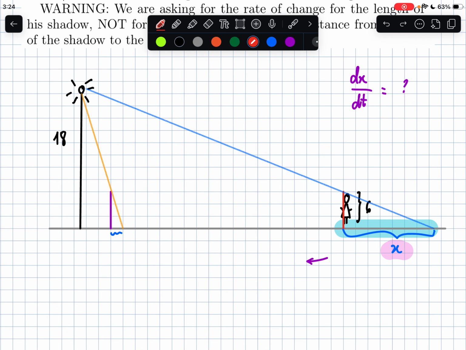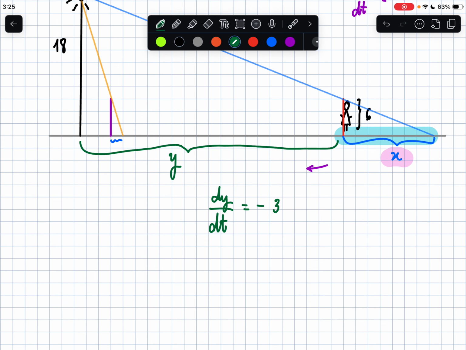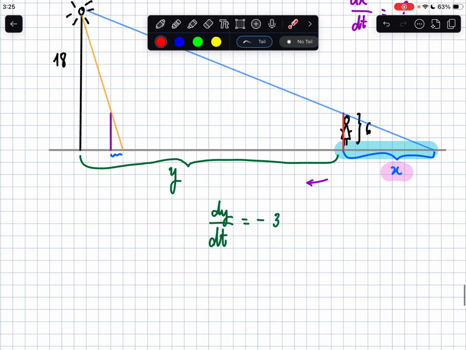Now to compute dx over dt, we need to set up the relation between x and y. Here is how we can do it. We have two right triangles. The first one, this one. The second one is this one. If I consider the yellow right triangle and the bigger right triangle, they are similar.